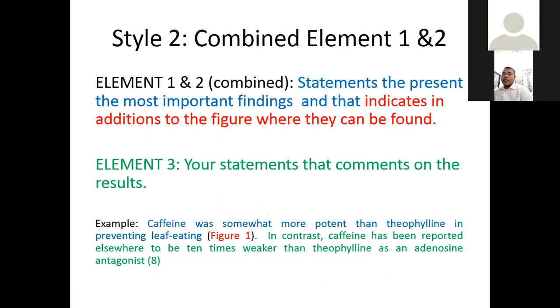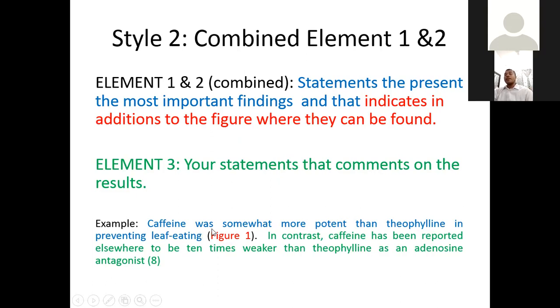Okay, second style, you can write the result when you combine element 1 and element 2. So this will make your thesis become shorter in terms of text. Why? Because you already shortened the element 1. You don't have element 1 in the sentence. You just use figure 1. For example, like this one. Caffeine was somewhat more potent than theophylline.